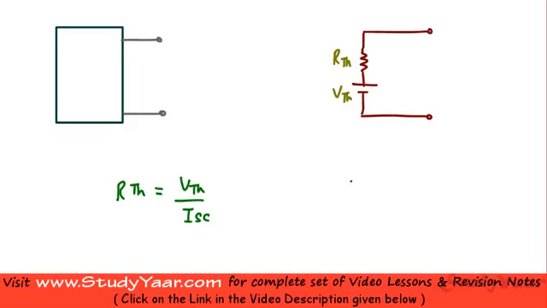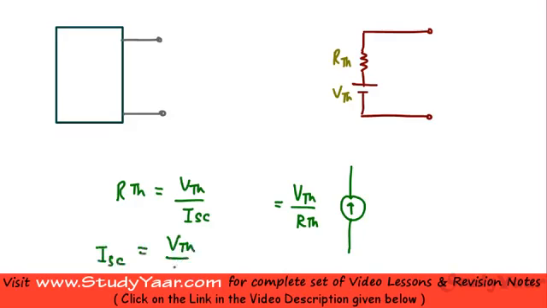That current source is going to have a strength of VTH upon RTH, which is equal to ISC.